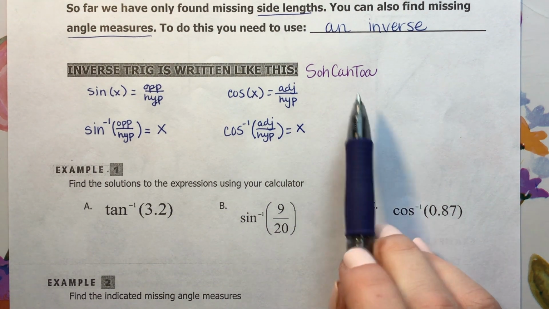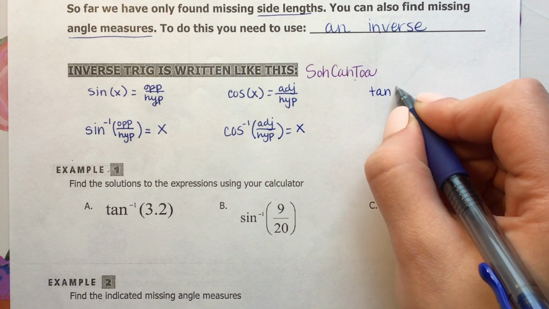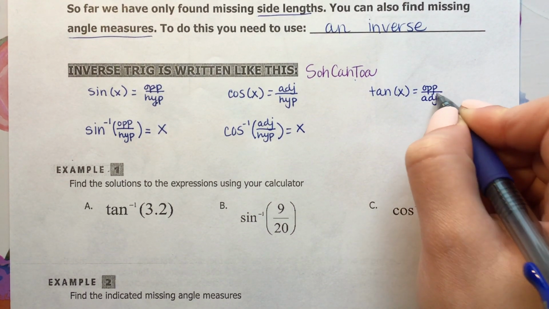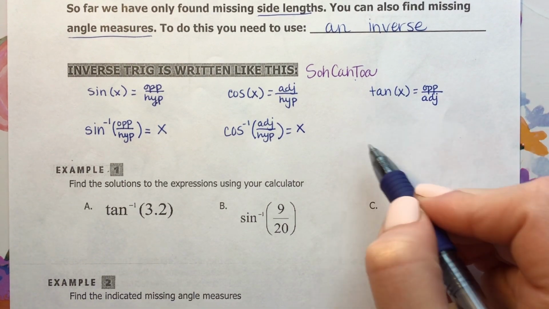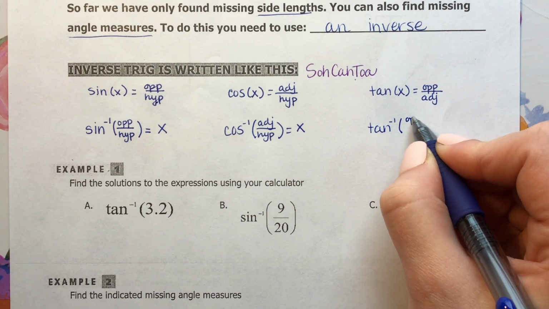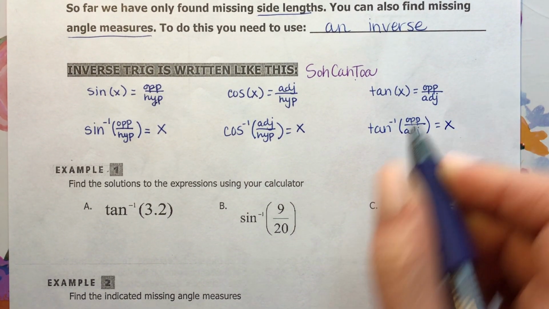Finally, let's do tangent. So tangent is equal to opposite over adjacent. But if I were to take the inverse of that, then it'd be tangent -1 of opposite over adjacent equals x.